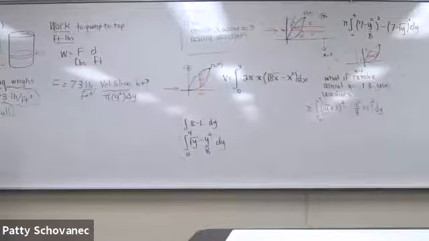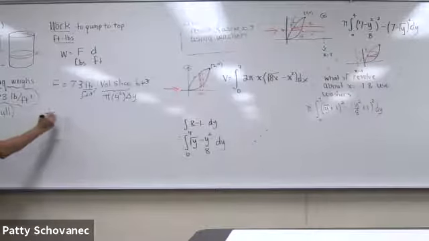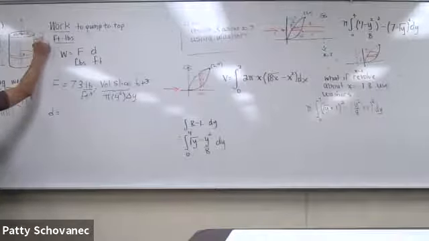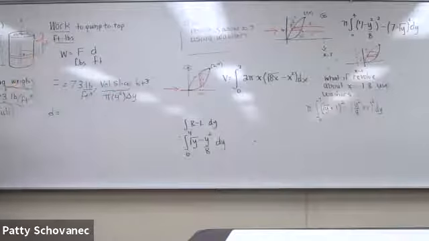Now the distance is how far that slice has to move in feet. We're pumping it to the top. So if this is on the y-axis here, this is the ordered pair 0, 10, and I placed it at some arbitrary y coordinate. So what are you going to use as your distance? 10 minus y.